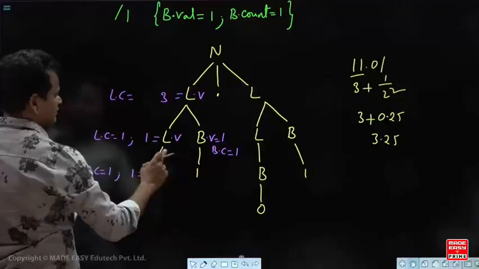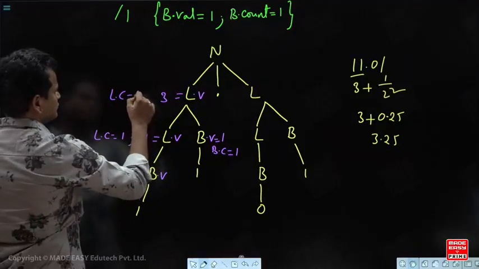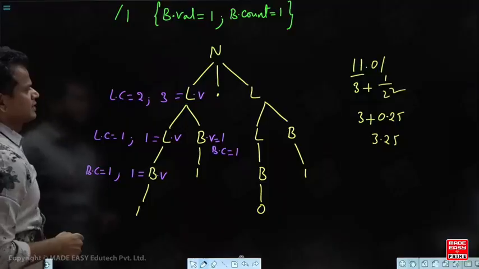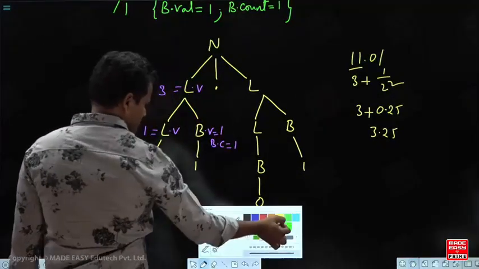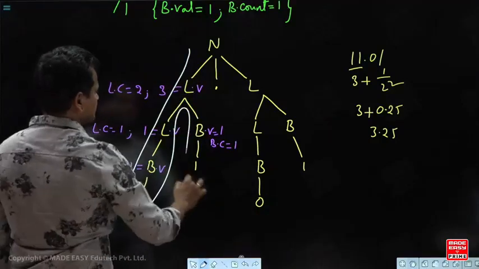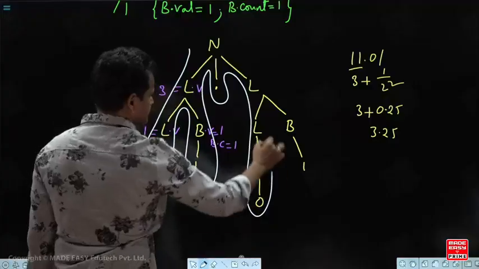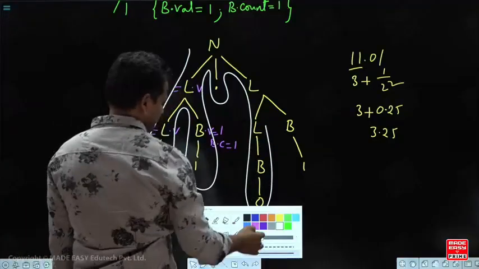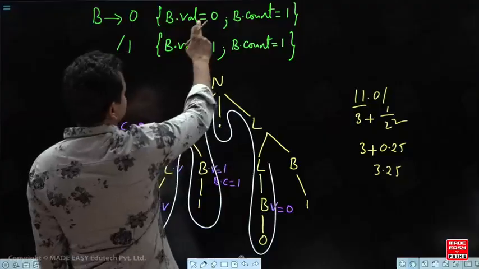L1 dot count is 1, plus B dot count 1, so 1 plus 1 is 2. Okay, now this is done. So we came until here. Now again B dot value equals 0, because B there is 0.